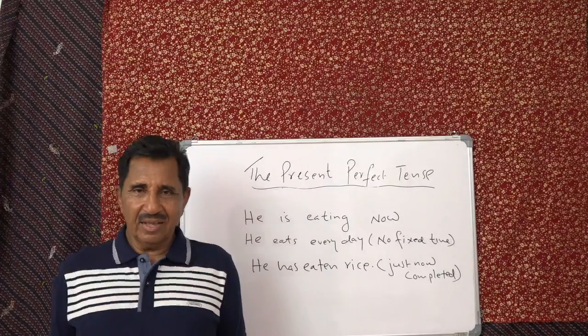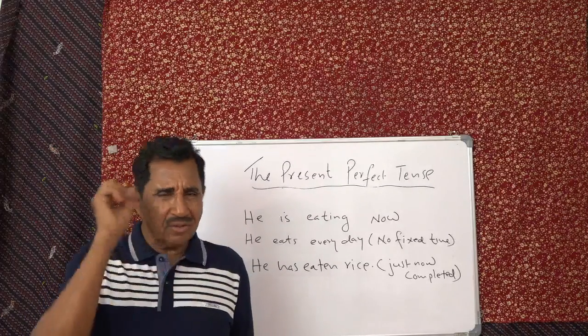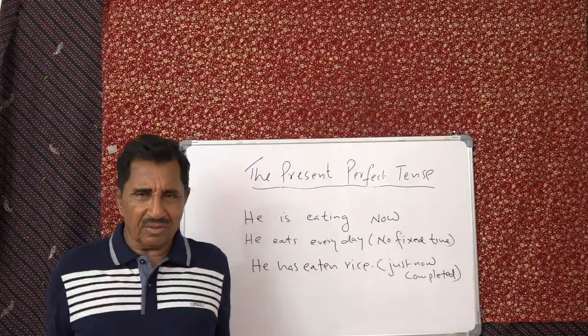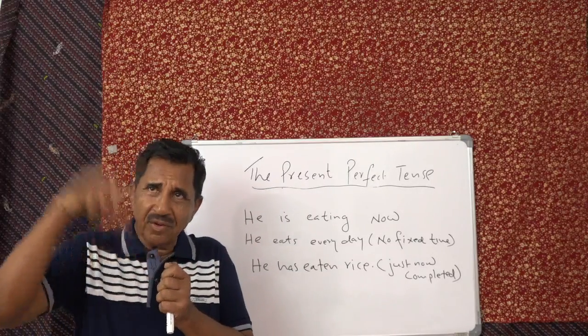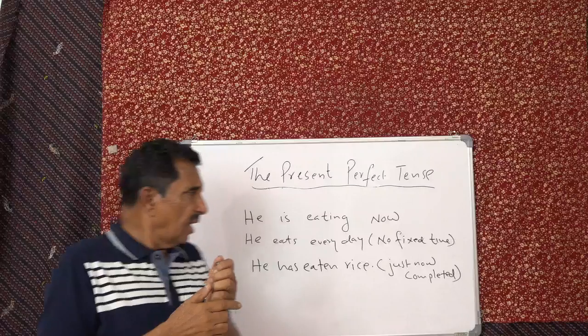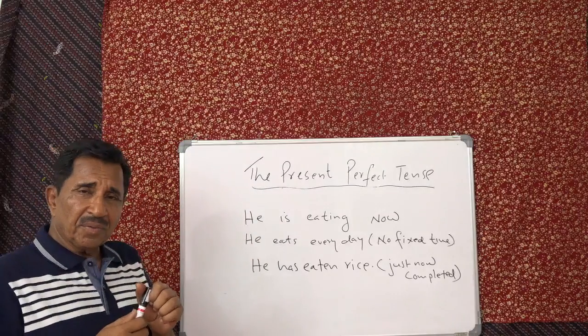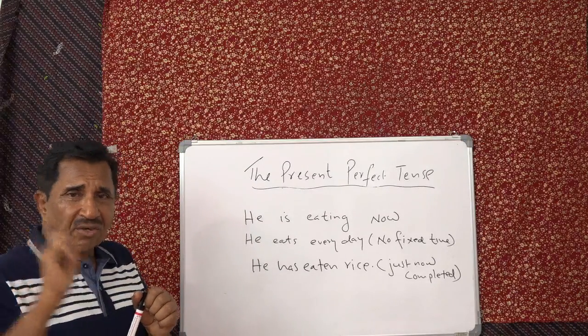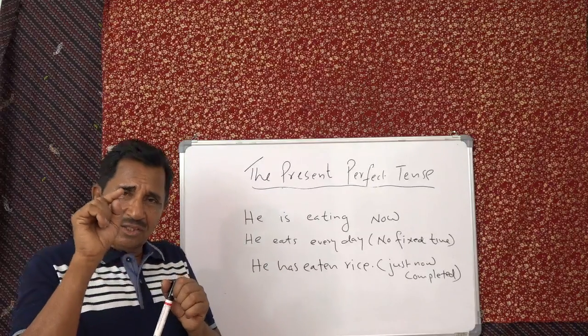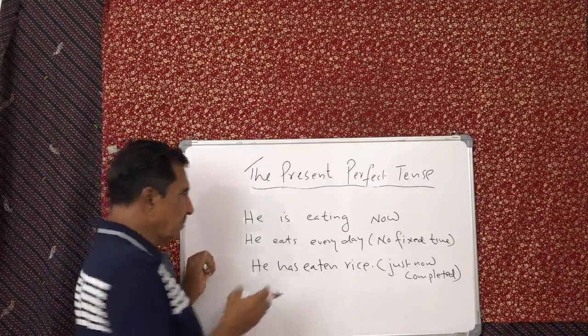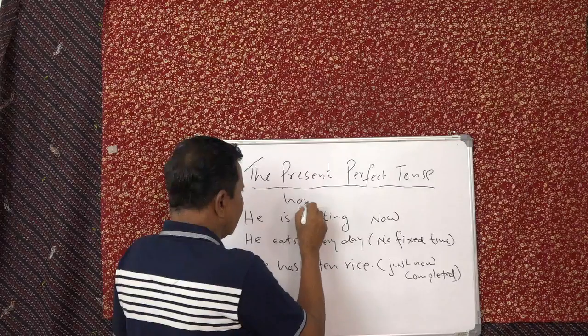Negative: by adding not. If there are 2 words, no problem, in between you write not. Then you make it small by removing the O and putting an apostrophe. An apostrophe is a sign showing that something is missing there. See, for example, we say have not.